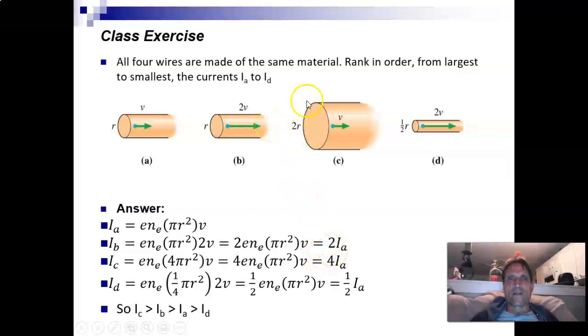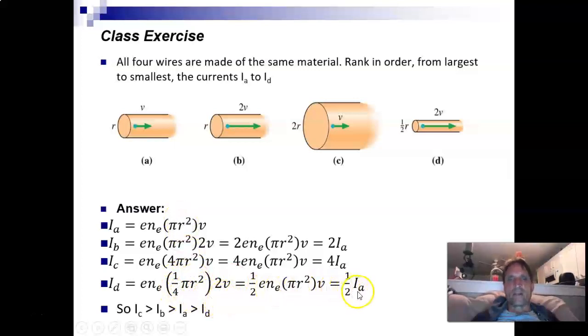The third one, we have twice the radius. And since the area is pi r squared, that means we have 4 times the area if we have twice the radius. And that gives us 4 times the current that there was in wire A. And then the fourth one, we have twice the speed, so they're moving faster, but we only have half the radius, so the area is 1/4 pi r squared.